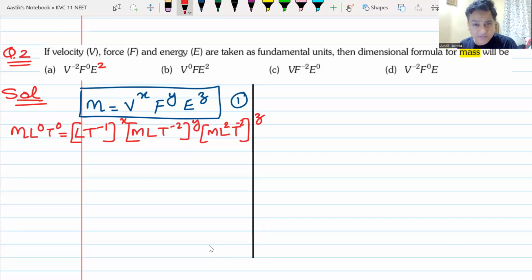Now, believe it or not, physics has ended here. Rest all is simple maths. I call it high school maths, 8, 9, 10 standard maths. Because you have an equation, whatever is there on the left, the same thing has to be on the right. Yes or no? That is why it is an equation.